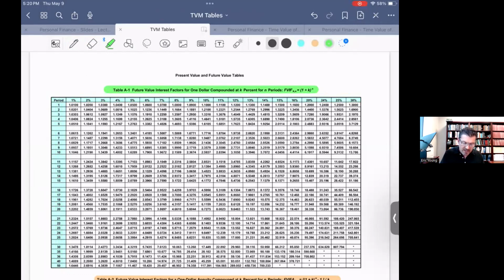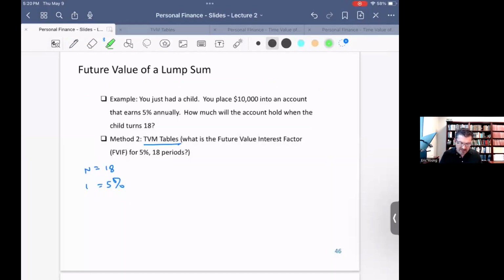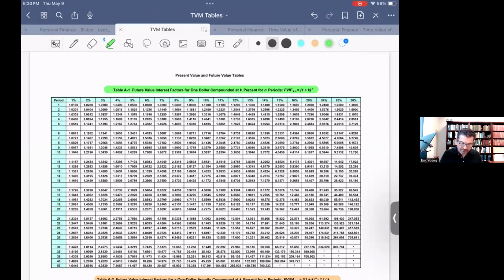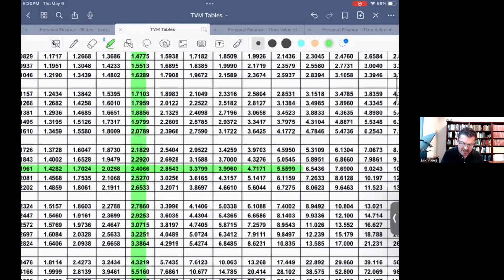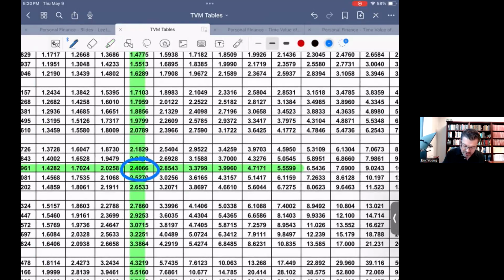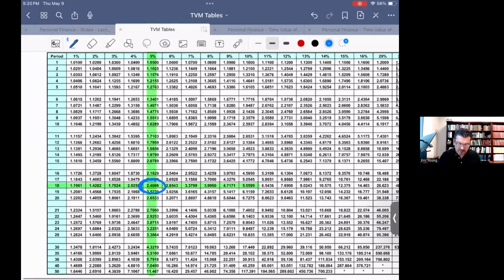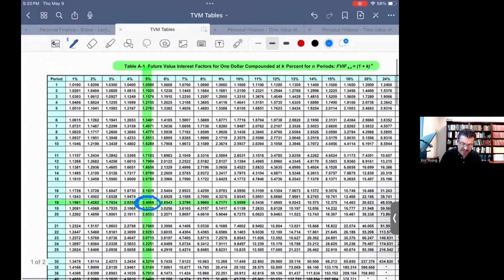Now we have N is 18 and I is 5. We put 5% and drop this down, and then go to N is 18 and go across. We see right here this magical thing, the intersection of N equals 18 and I equals 5%.